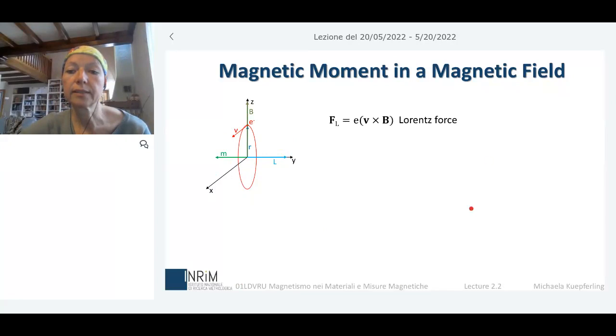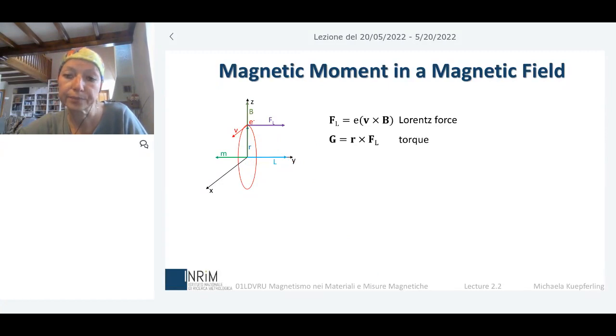Consider that an electron in a magnetic field will feel a force. This, of course, you should know already, is the Lorentz force. The Lorentz force tells us that this electron moving in the X direction in a field in the Z direction will feel a force in the Y direction. If we have a force, then we always have a torque.